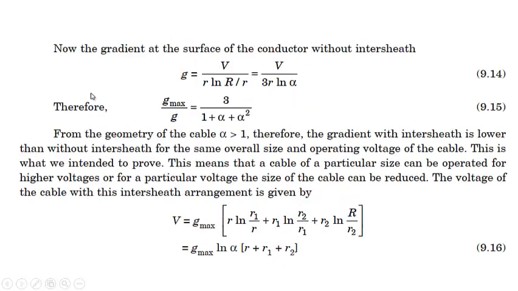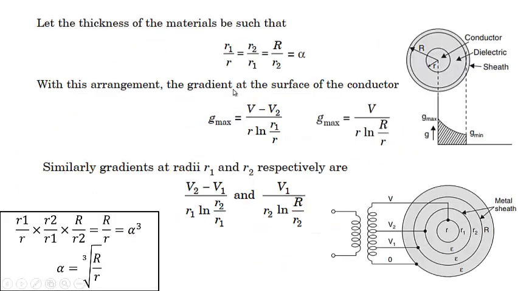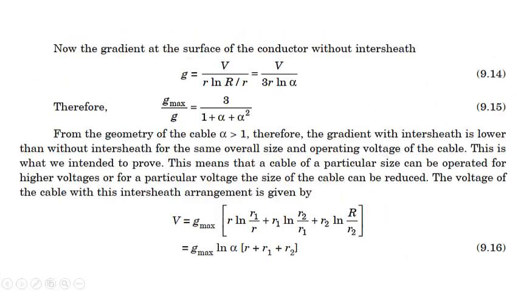So without intersheath, we know that the gradient is V divided by R ln of capital R by R. This is from this equation. Without intersheath, this system will look like this, and G max will be equal to V divided by R ln of capital R by R. Here I have not used G max just to make you understand that this G is the G max without intersheaths, and the other G max is with intersheaths.